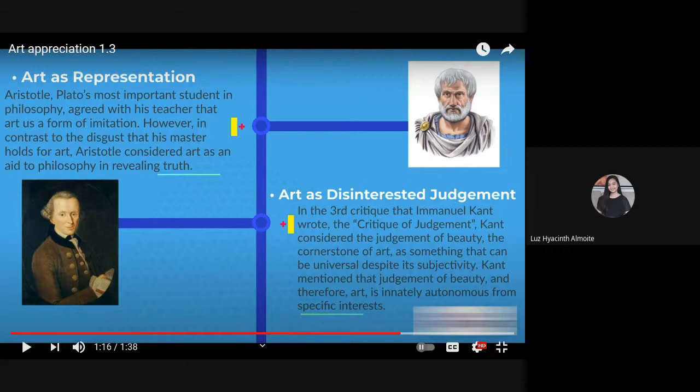This is the kind of universality that the judgment of beauty is assumed by Kant to have. When a person says that the painting is beautiful, he does not just believe that it is beautiful only for that person, but in a sense expects that the same thing should put everyone in awe.